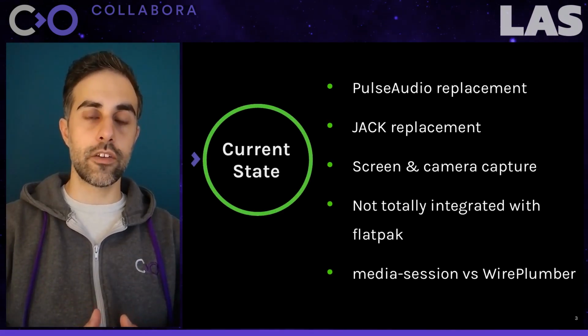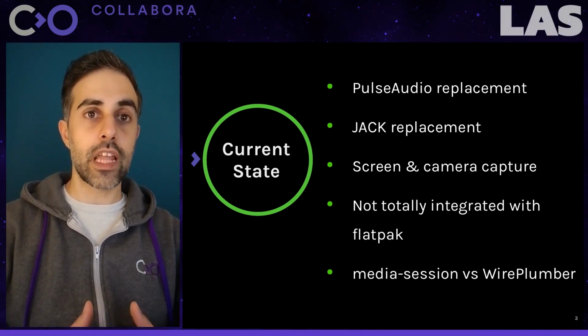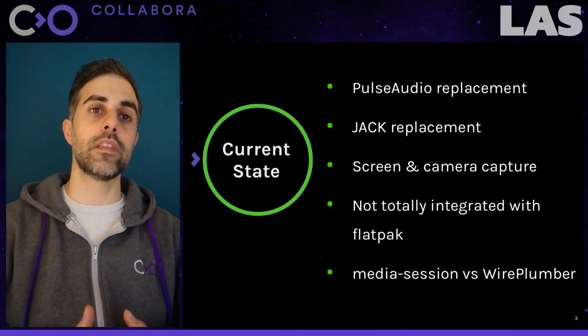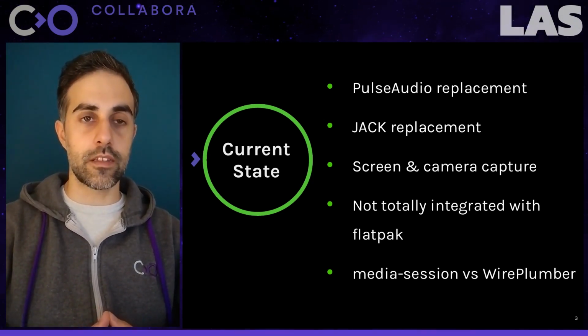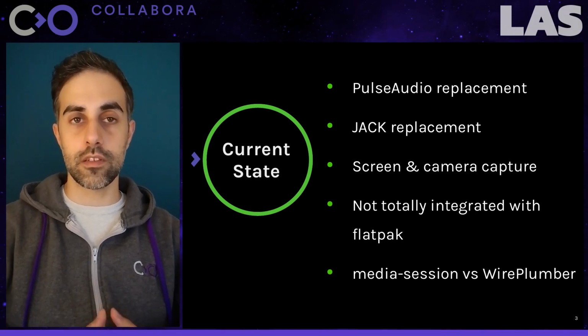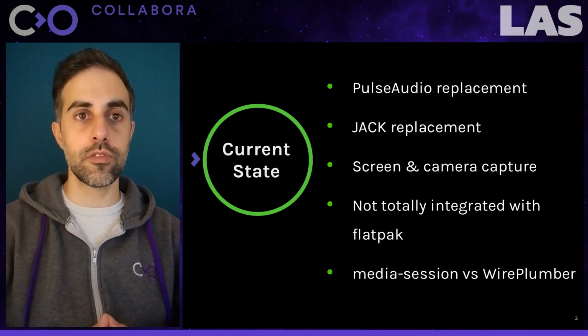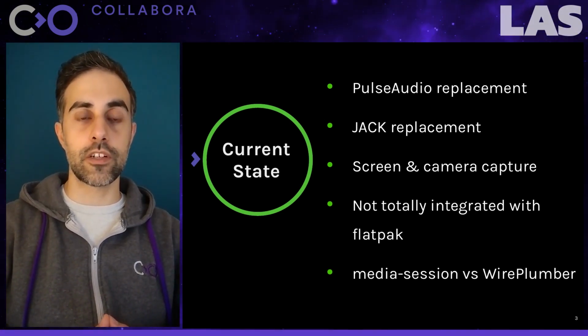So let's look at the current state of PipeWire on the desktop. Right now it provides a well-working PulseAudio replacement, which I use daily on my desktop. And it has also a JACK replacement, so JACK applications can run on top of PipeWire without any issues. It also has screen capture and camera capture functionality.